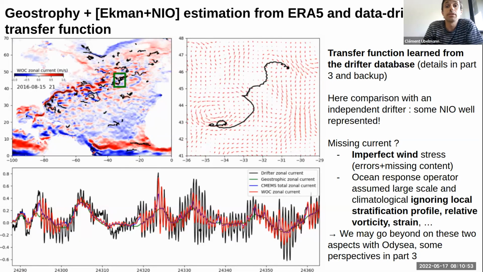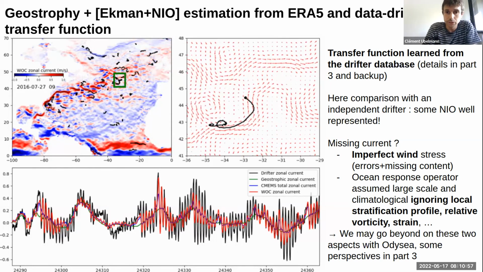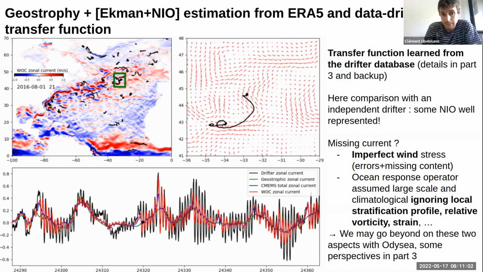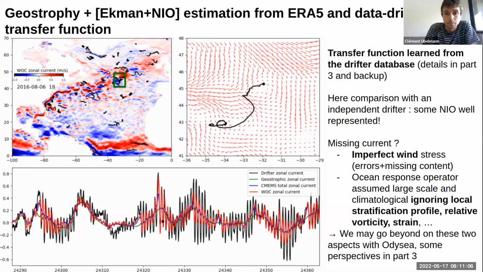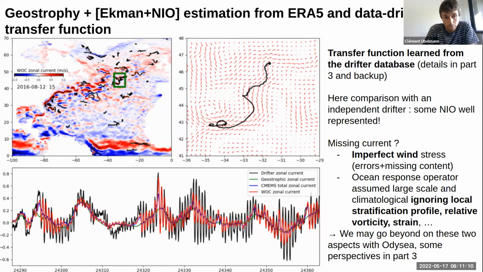And here is a comparison with an independent drifter, one that was not used to compute the transfer function. First thing is, some NIOs are well represented, and I think that's totally in line with Jimbo's result from the slab models and also from the MIT GCM model.